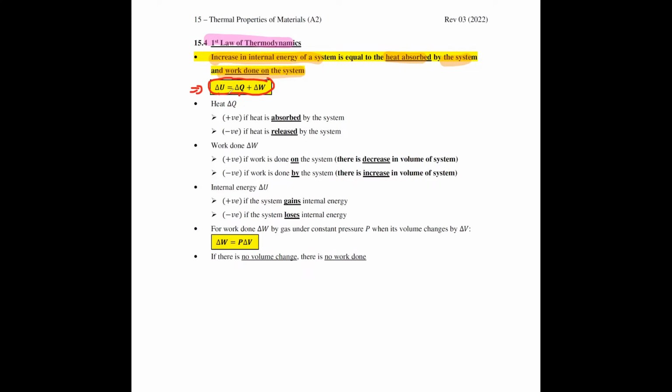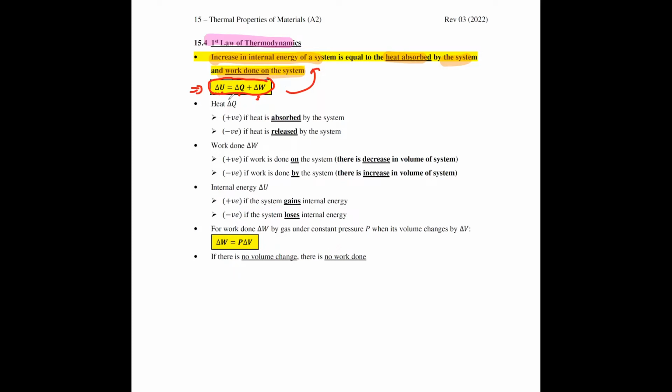So in your current case, when you write it this way, it doesn't mean change in internal energy equals change in heat plus change in work done. It actually specifically means this. Okay, increase in internal energy equals heat supplied to system plus work done on system.